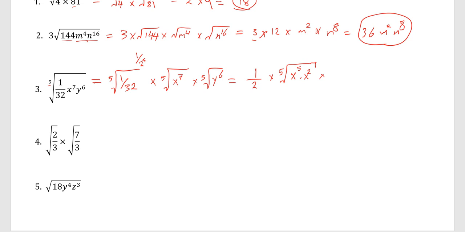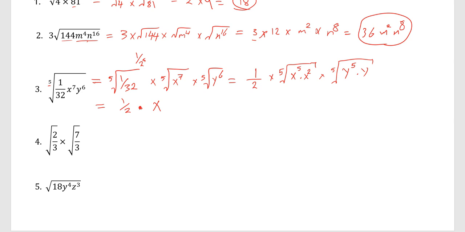And then y to the 6th is also the same as y to the 5th times y, right? Fifth root. So this is equal to 1/2 times, so the fifth root of x to the 5th is just x. Let's use the dot just so we don't confuse the multiplication sign with x.